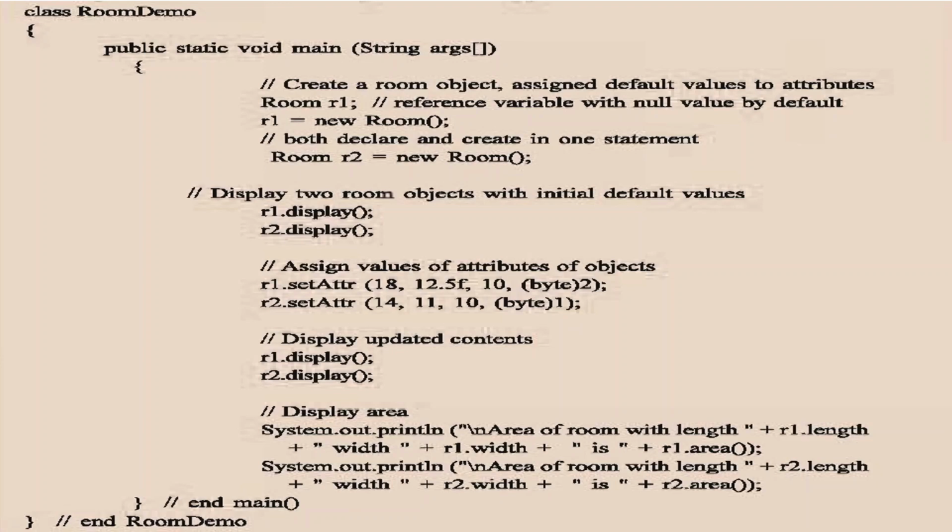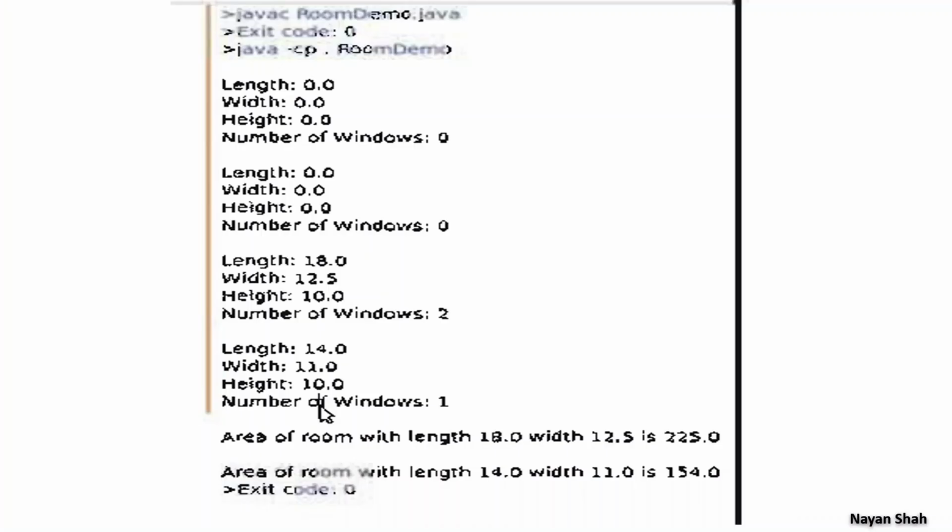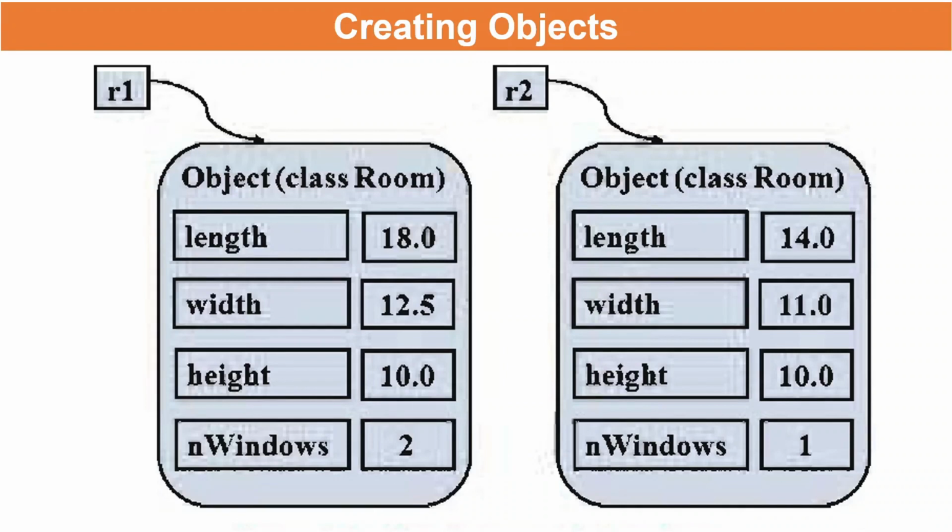But because r1 and r2 are created from a class, they are called objects. So this is the output, and this is again for you to understand how r1 and r2 are created. r1 is created from class room, so it is an object of class room, and it has all these four values stored in it. Similarly r2, which is again created from class room, has these four values.